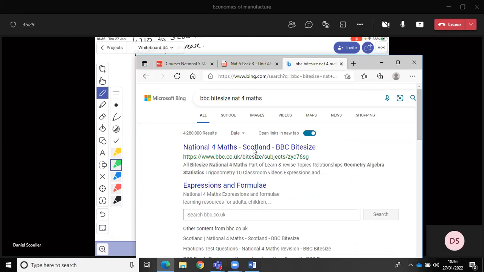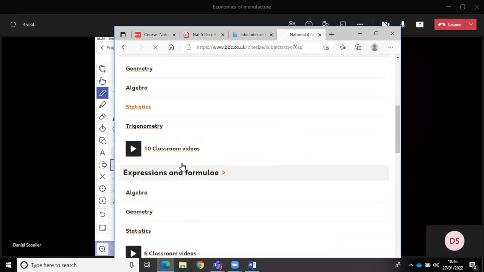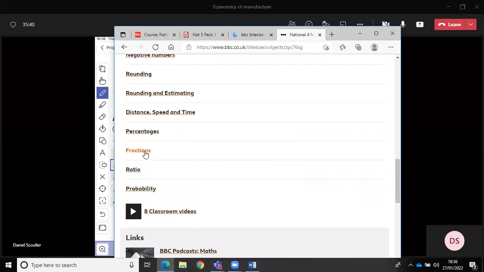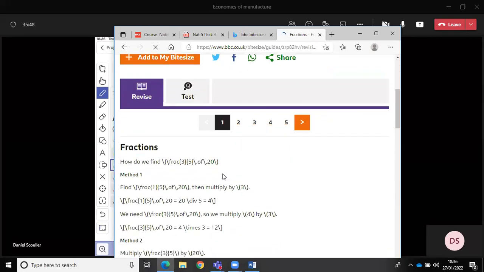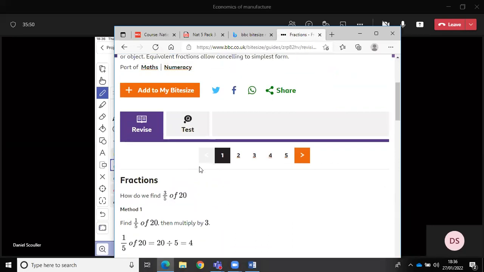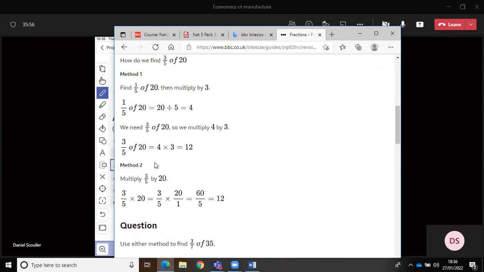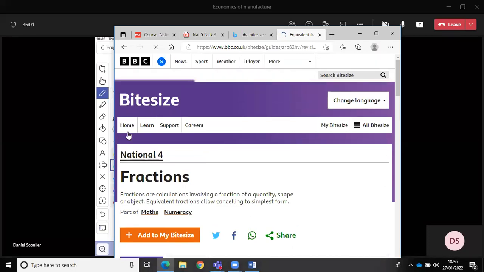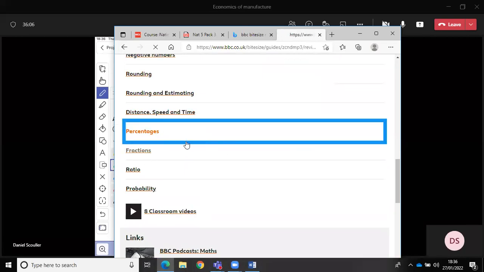If you're struggling with fractions and what they mean, just Google BBC Bitesize National 4, and it'll walk you through that process. In fact, I'm not looking at fractions, I'm looking at percentages.